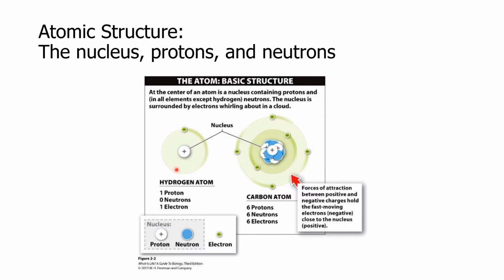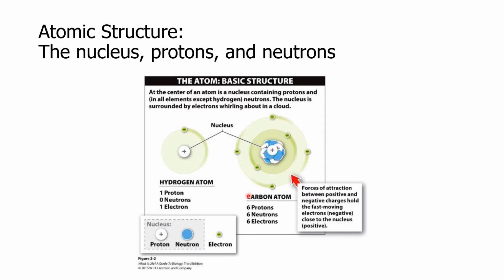So a hydrogen atom has one proton and one electron. The positive charge of the proton is going to cancel out the negative charge of the electron, and therefore a hydrogen element is neutral.